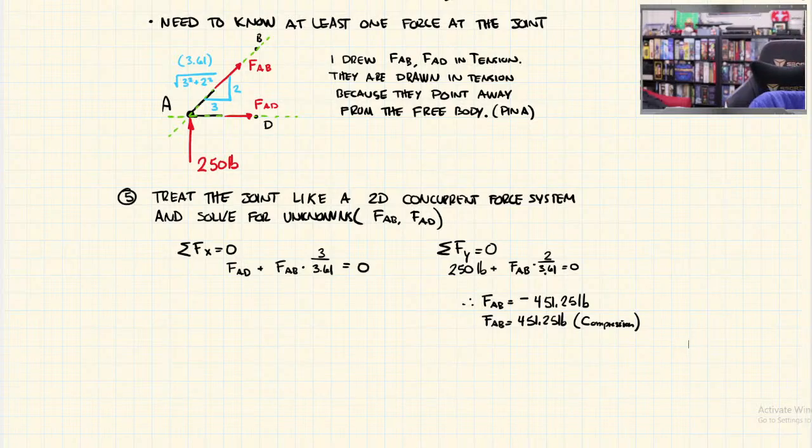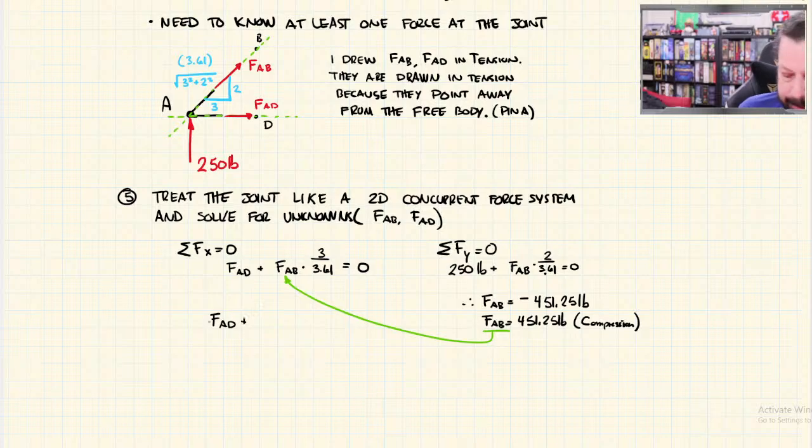And now we can take AB, plug it back into here, and solve this equation. So FAD plus, here's where you got to be careful, because how do you put compression in here? You can't put a word into this equation.